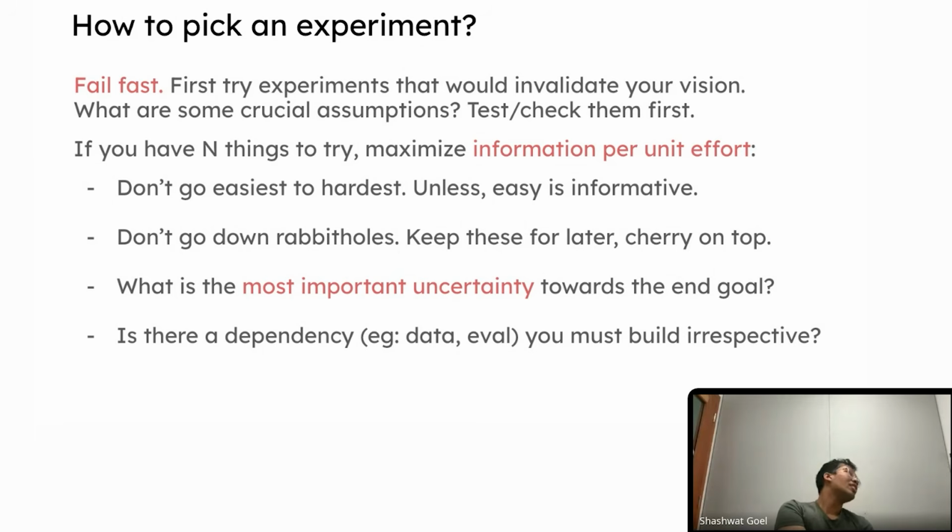I think, yeah. So one thing is that this is a bit hard to answer because it really depends on the specific concept that you want to try and do.